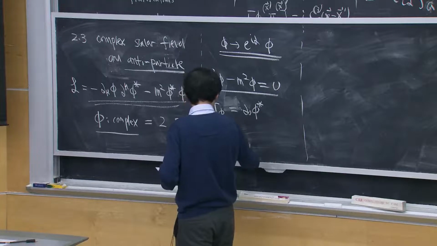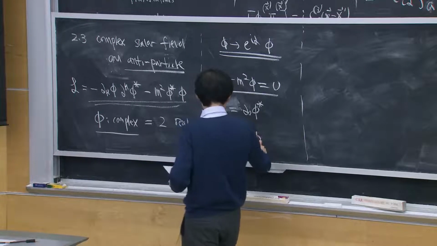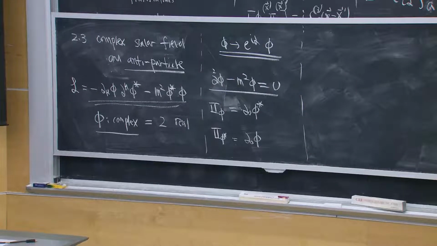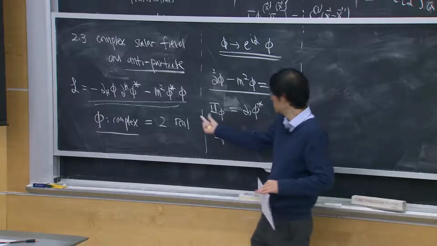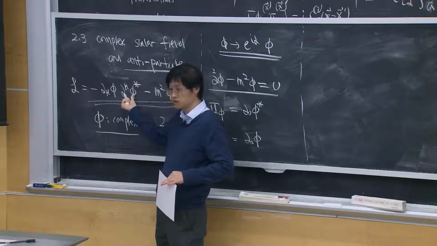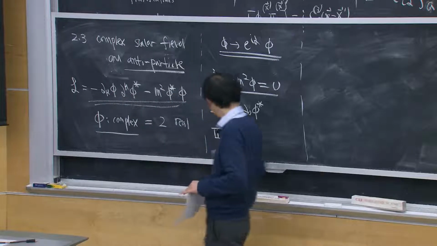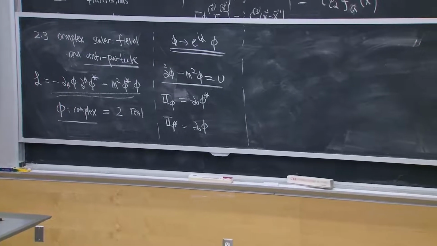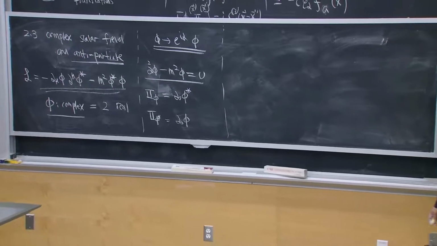So we can treat phi and phi star as two independent fields. The canonical momentum, if you take the derivative with respect to partial 0 phi, you get partial 0 phi star, and vice versa. So they are complex conjugate momenta.